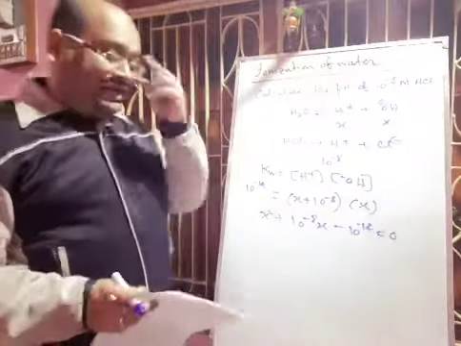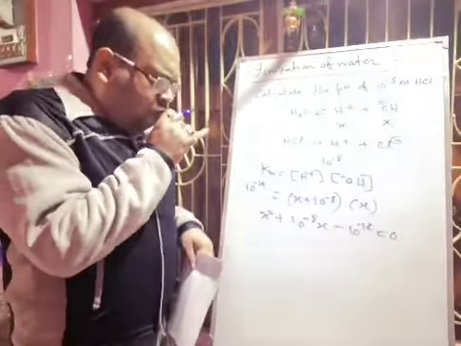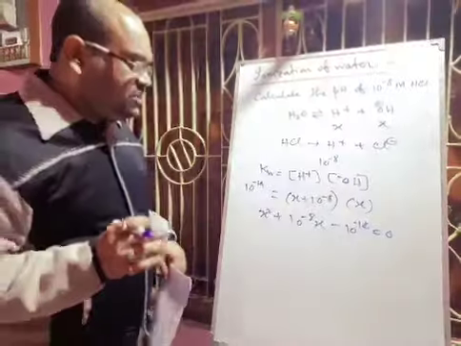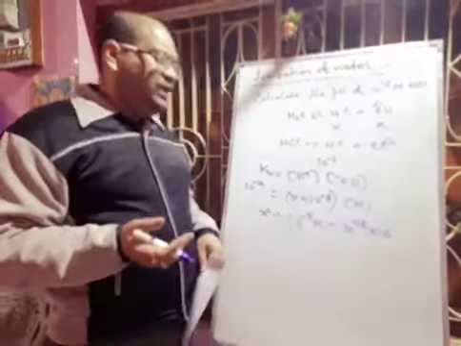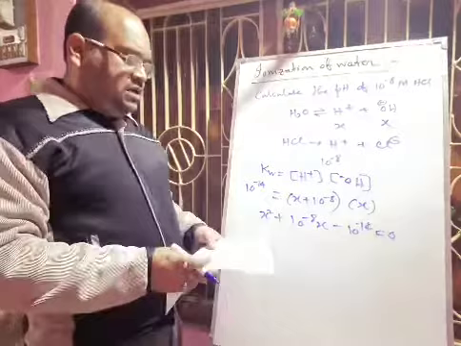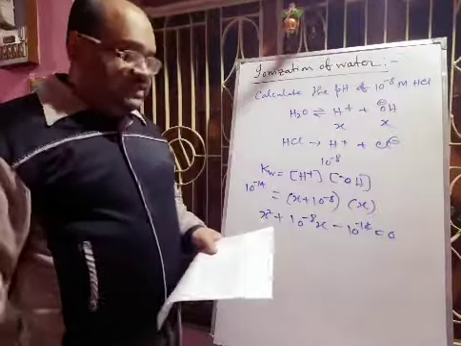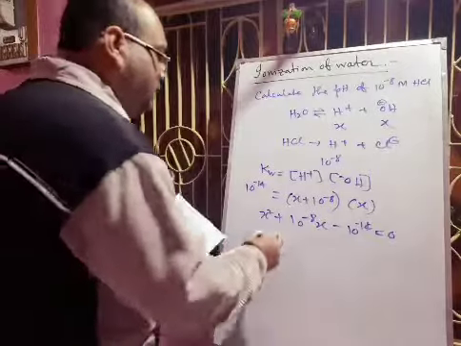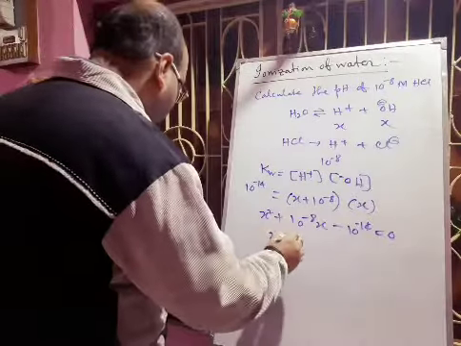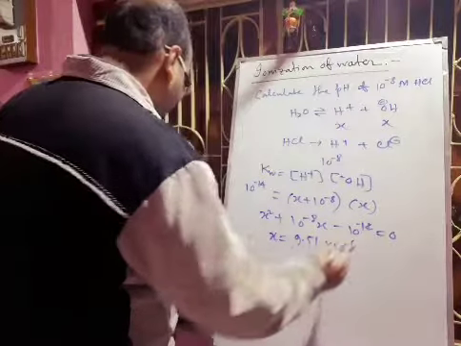Now there will be no factor in this case, so you have to apply Sridhar Acharya's rule, that you know: X is equal to minus B plus or minus root over B square minus 4AC by twice A. If you put this formula, I am not showing it here, you will get the value of X is equal to 9.51 into 10 to the power minus 8.